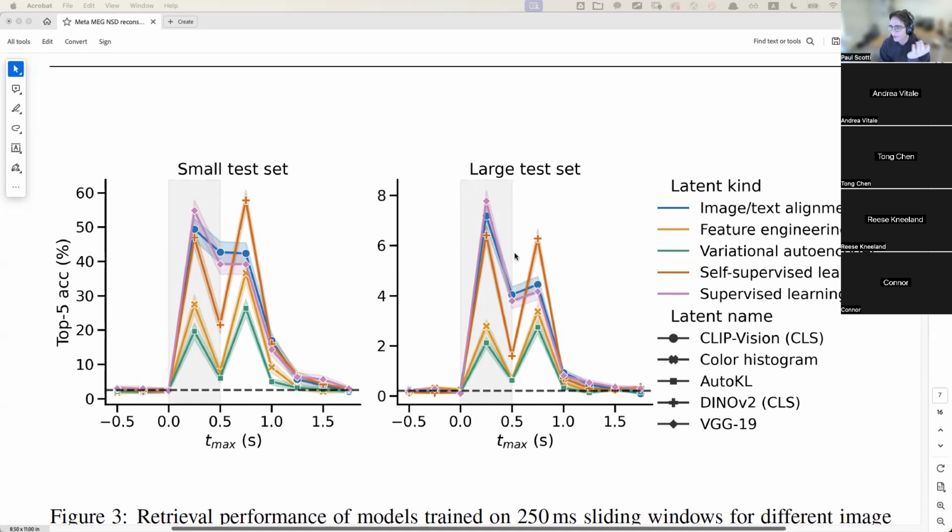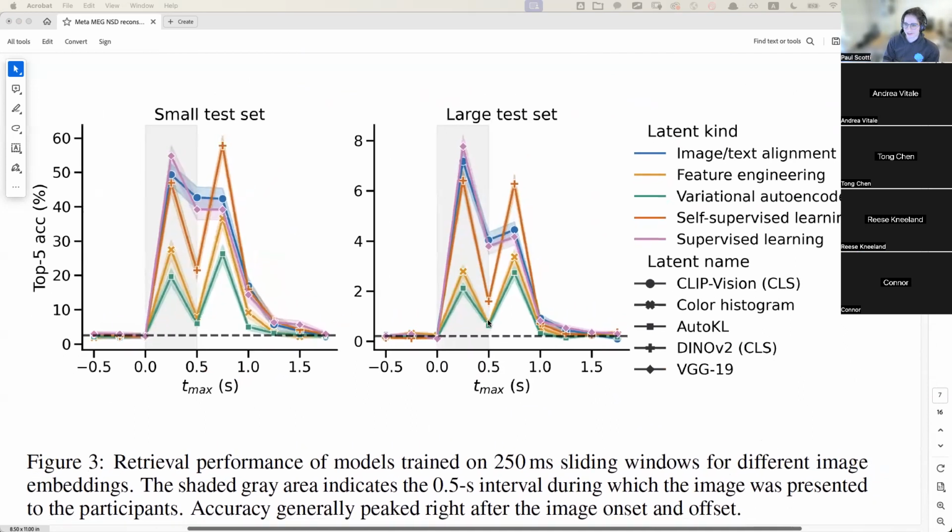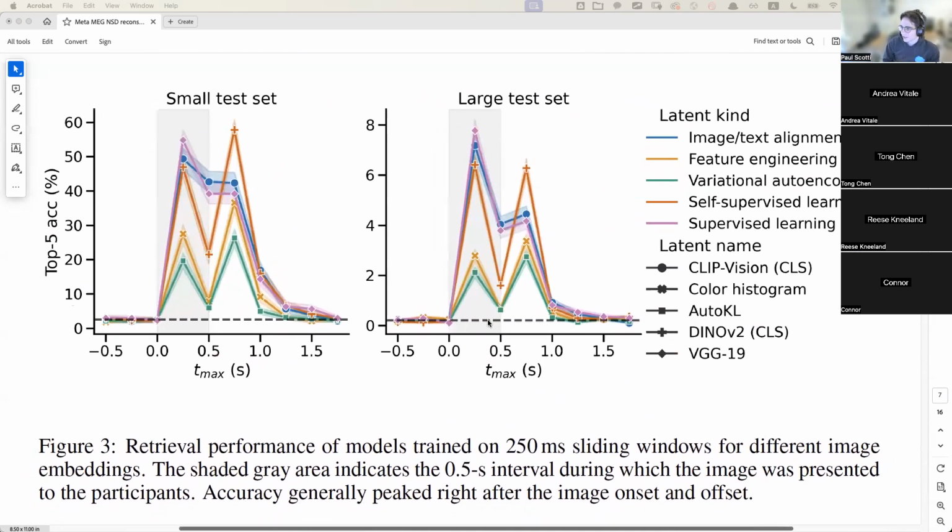I would have just thought that when the image is shown, you're going to get better decoding than when the image is not shown, right? But apparently that's not the case. They don't really interpret it in this paper. So maybe that's some deeper mechanistic thing about how we process images that are shown. I don't know.